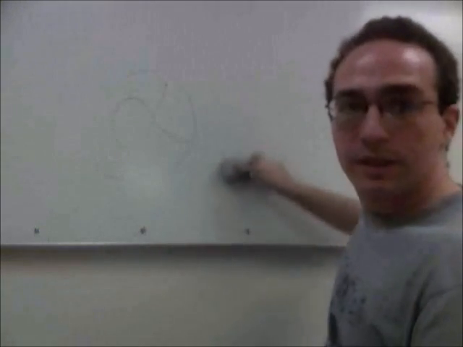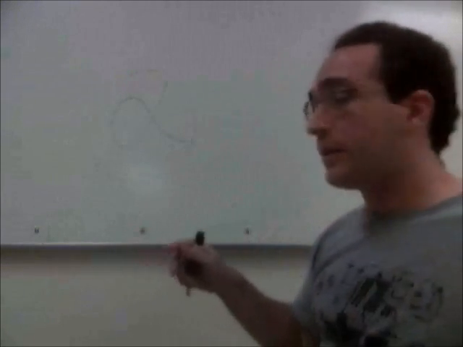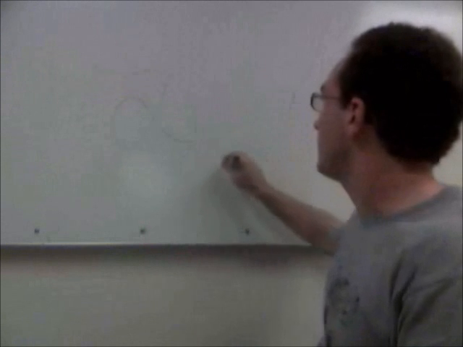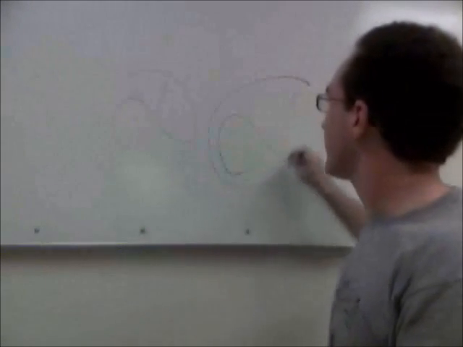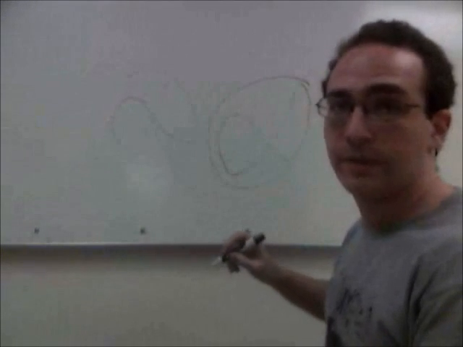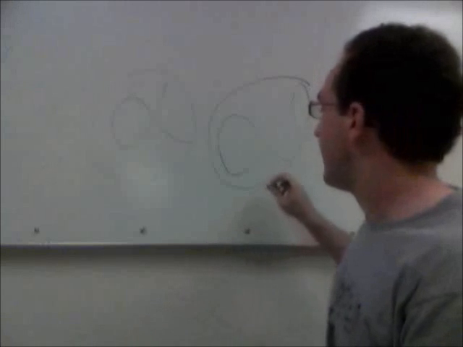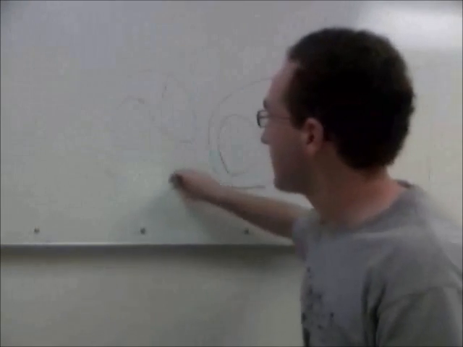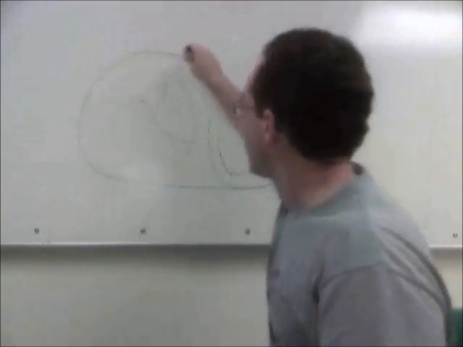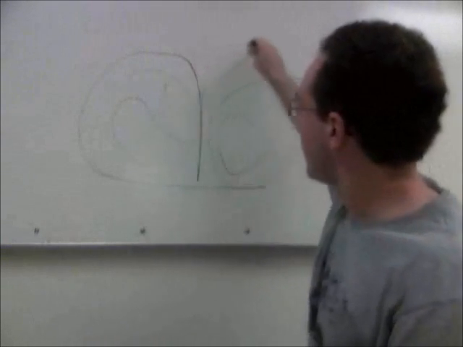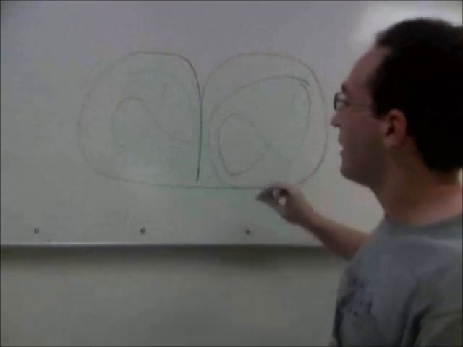That's one eye, and we're going to draw another eye right next to it, because you have 2 of them. And then this is a B right here. See, it comes down, that's a B on its side.